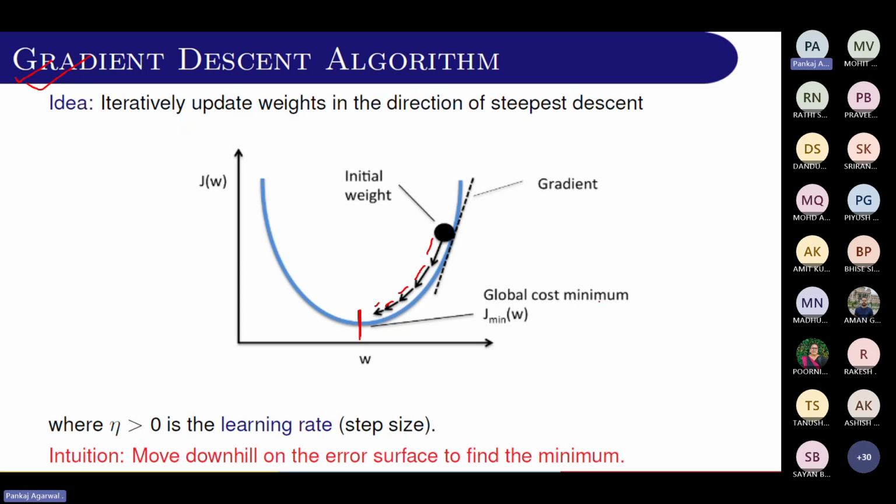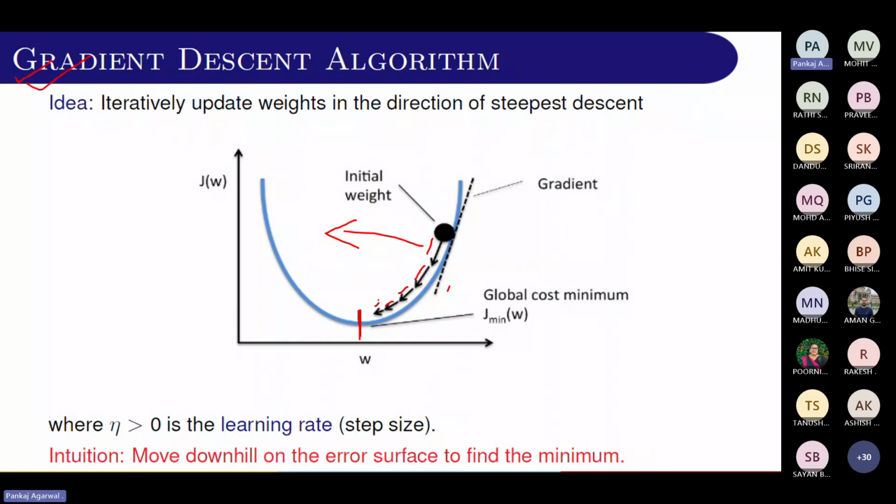And the direction is also important. What is the direction in which I have to move? And then the steps. There are two things: one is direction and one is the steps. How many steps would be taken care of by the learning rate, if you remember? So learning rate would define the size of these steps, so that I can move to the minimum and it does not overshoot.